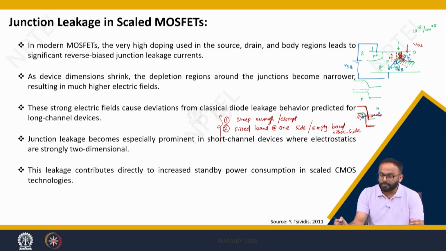Drain to body current. The same concepts we have discussed earlier. This electron will follow the same stream of electrons coming from the source and constitute the drain to source current, right.